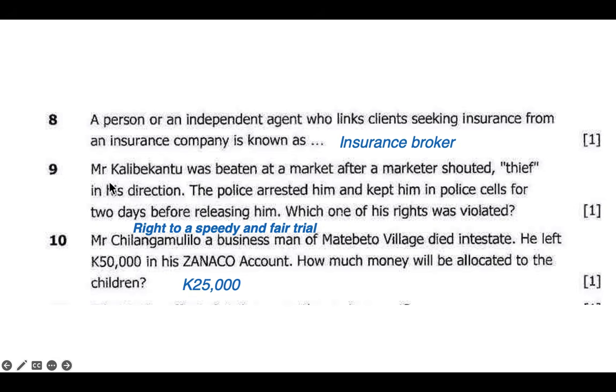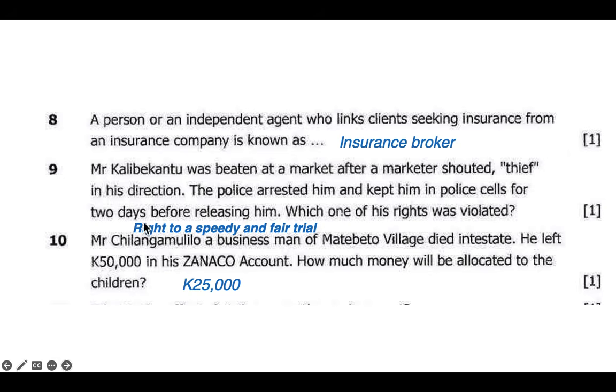Then we have question 9. Mr. Karibe Kantu was beaten at a market after a marketeer shouted "thief" in his direction. The police arrested him and kept him in police cells for 2 days before releasing him. Which one of his rights was violated?